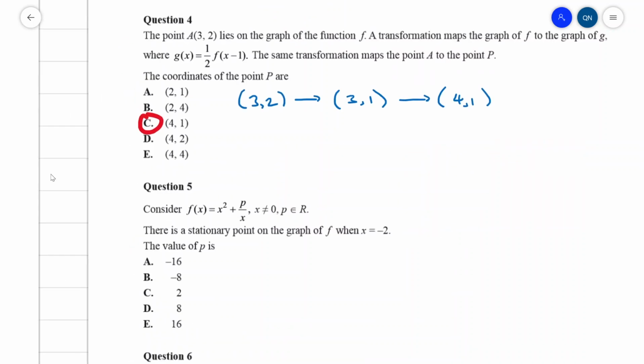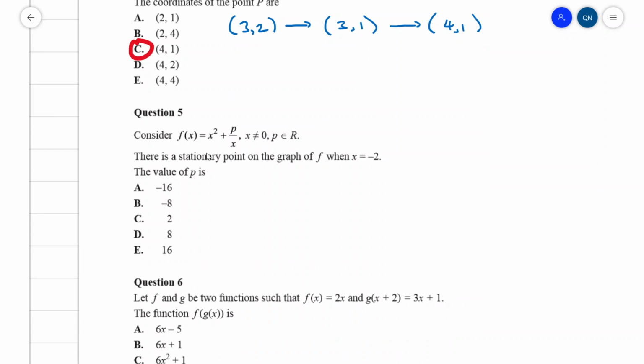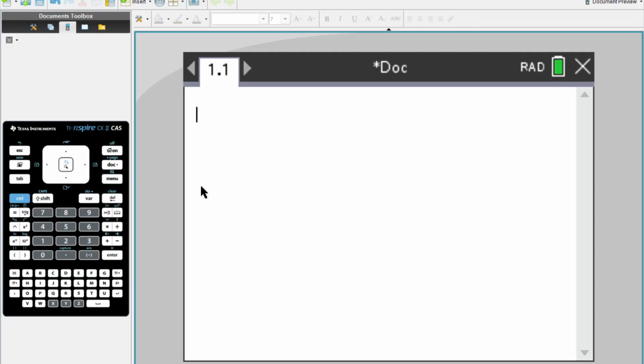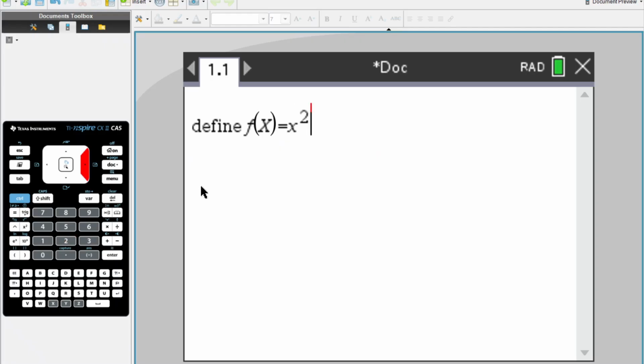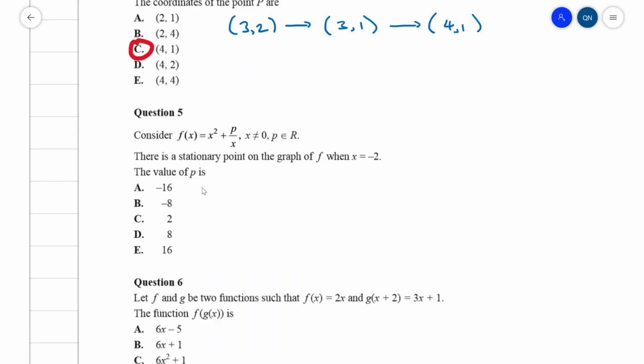Alright, question 5. Consider a function f, which is x squared plus p over x, where x is not equal to 0. We know there's a stationary point on f when x equals -2, and we want to find the value of p. Okay, there's a nice and simple way to do this on the CAS. What I'll do first of all is define the function. So let's define f of x equals x squared and then plus p over x. Okay, and what do we want? We want a stationary point of f when x equals -2.